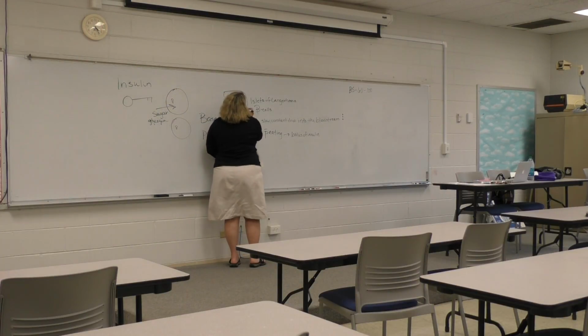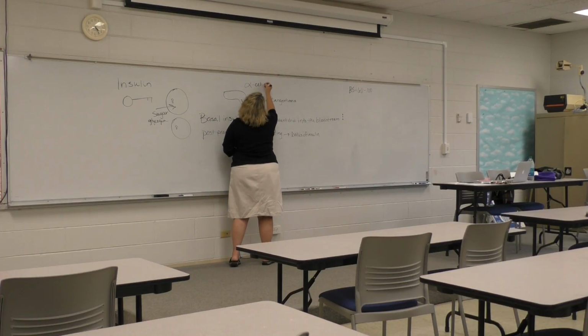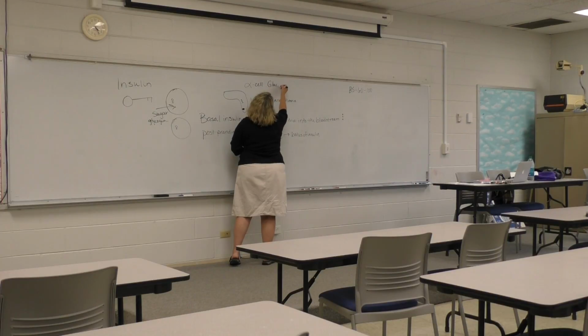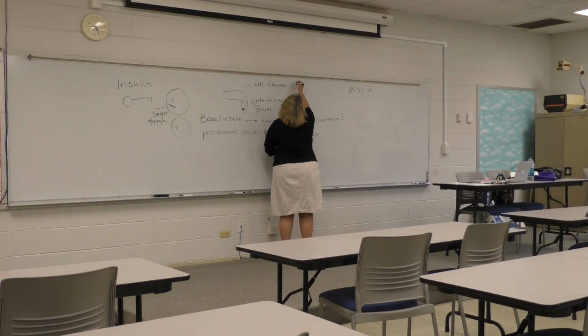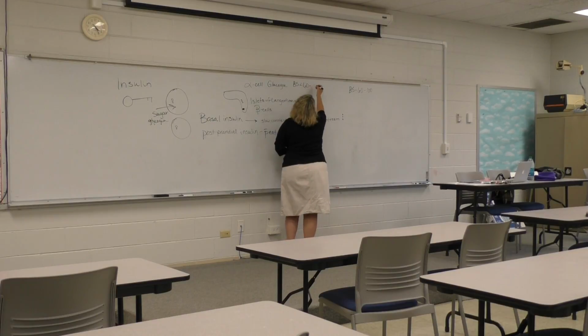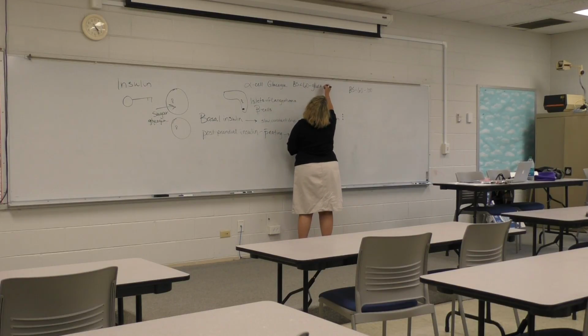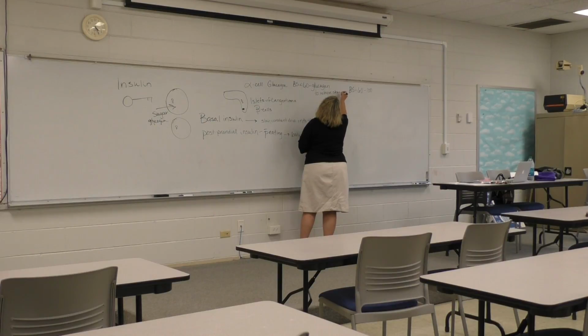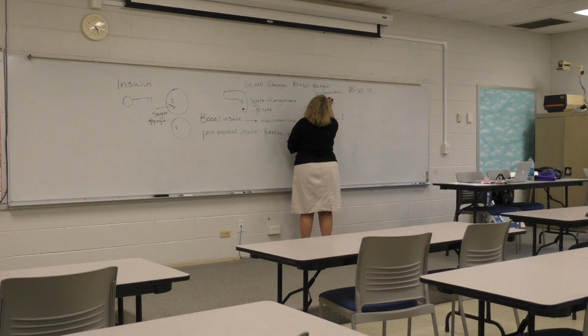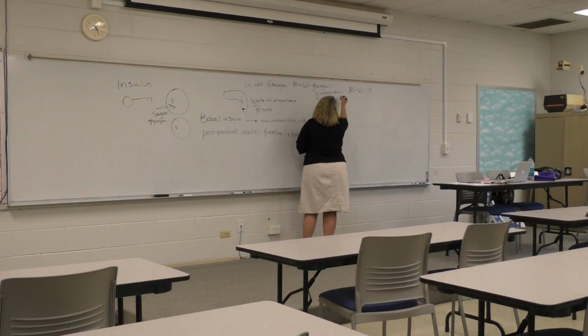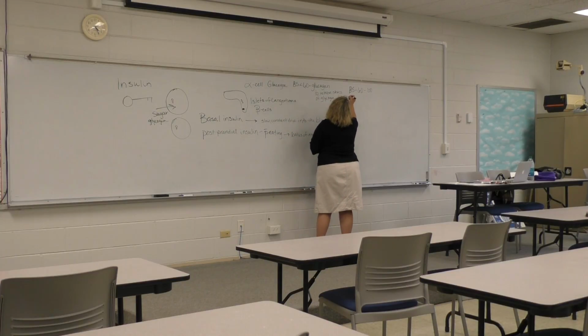There is another place in the pancreas, an alpha cell, and it makes glucagon. What glucagon does is, if our blood sugar goes below 60, glucagon comes out to release stores of sugar, glycogen, to increase that blood sugar back up to this range.